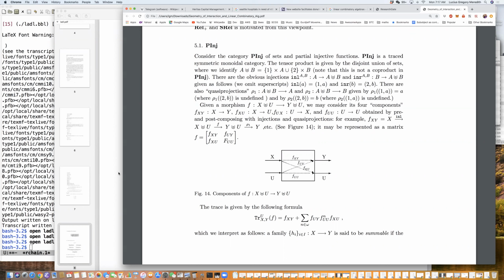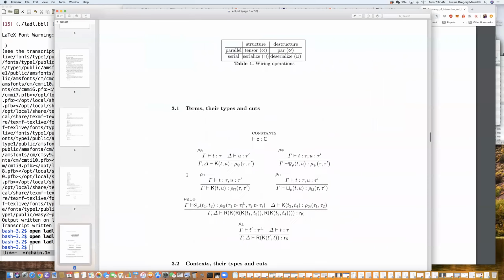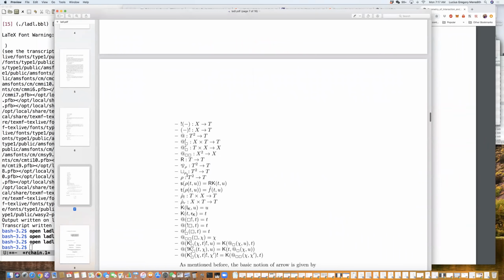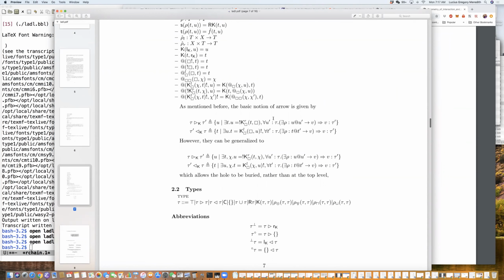So processes don't necessarily look like morphisms from X to Y. It's not immediately obvious how they're morphisms from X to Y. But what ladle provides is this mediation via this rely guarantee point of view. So this rely guarantee arrow gives us that view of our computation. But it's much more generic.